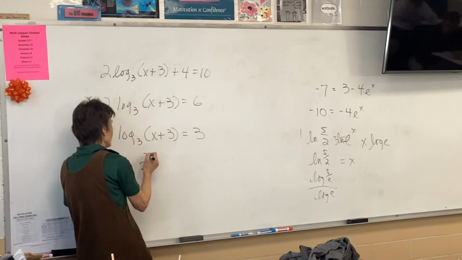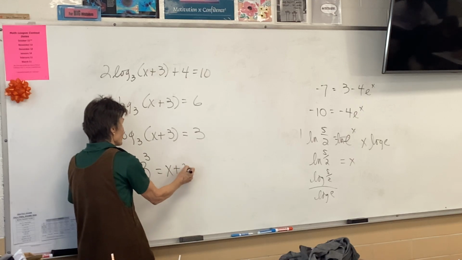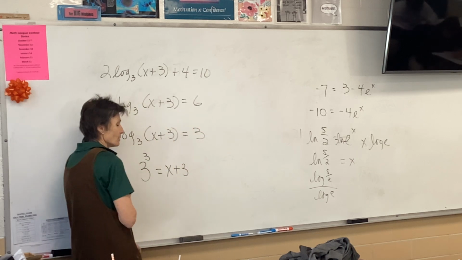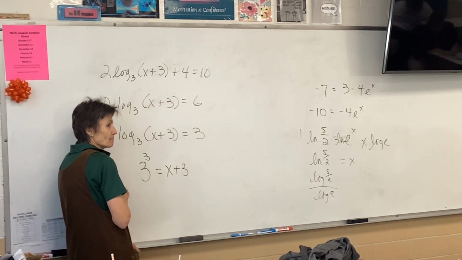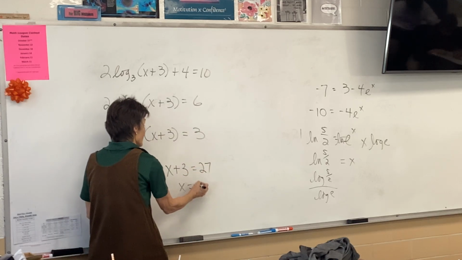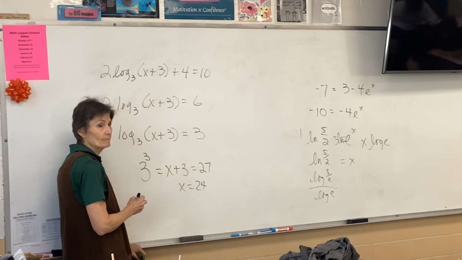Then 3 to the third equals x plus 3. 3 to the third, lots of 3's, equals x plus 3. So this time I'm actually going to be able to get a number, right? x is going to be 24.